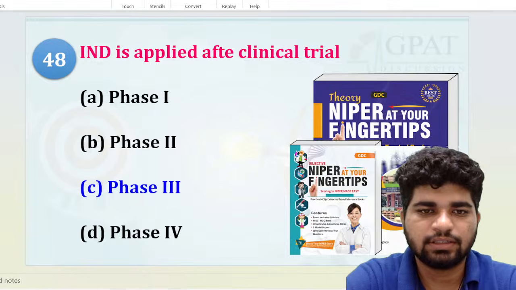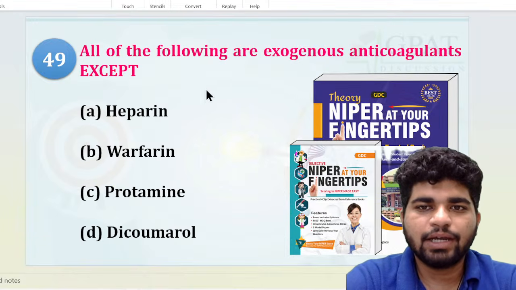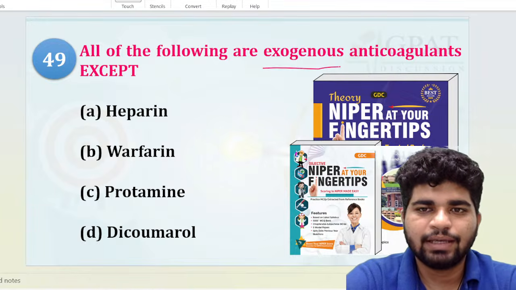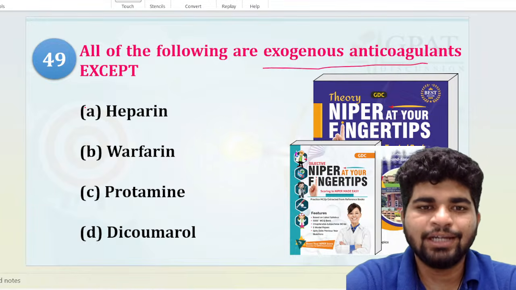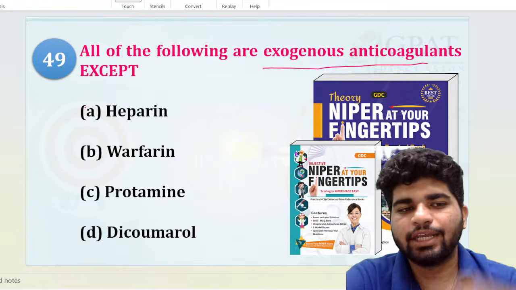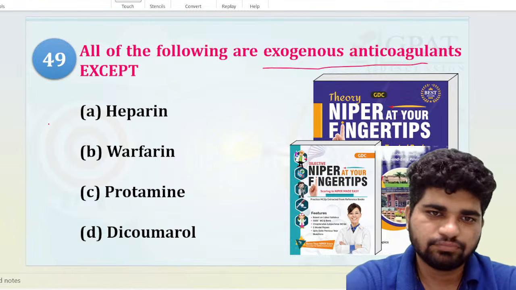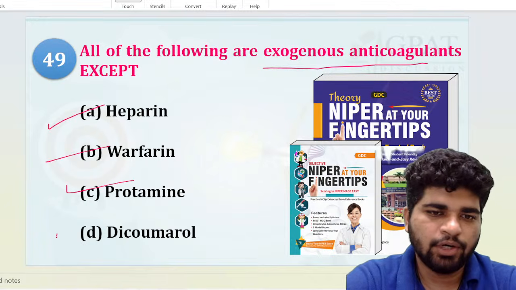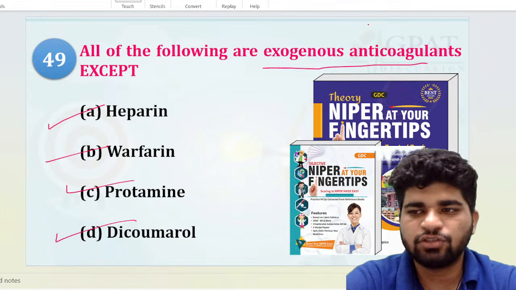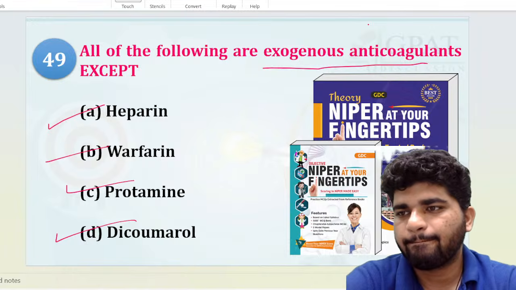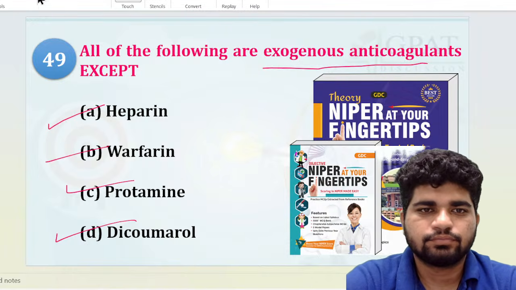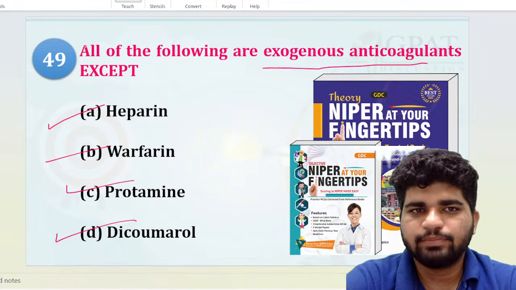Exactly. Very nice. All of the following are exogenous anticoagulants except... Exogenous means you are taking from outside, right? Heparin, warfarin, protamine, or dicumarol.